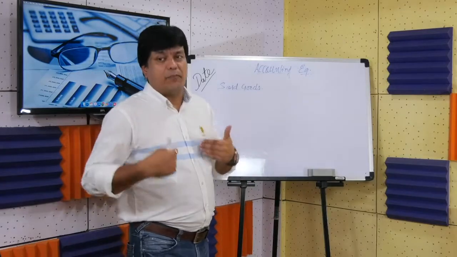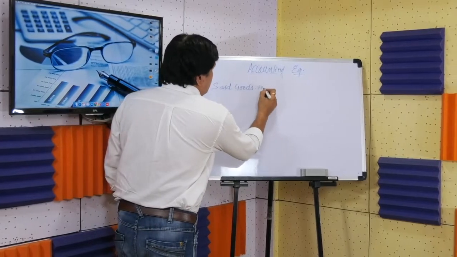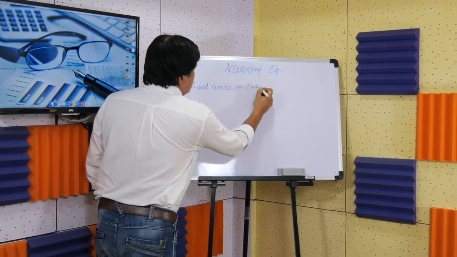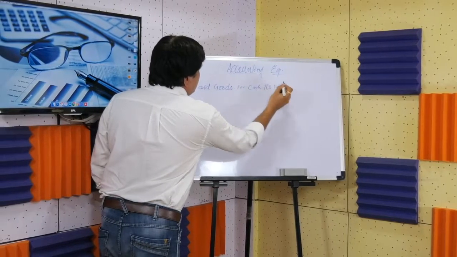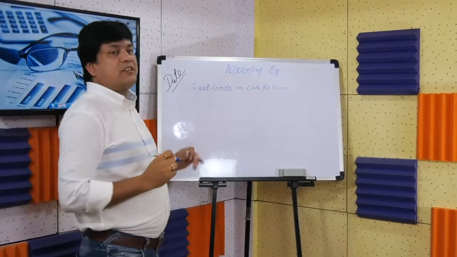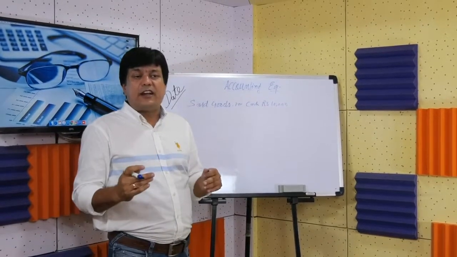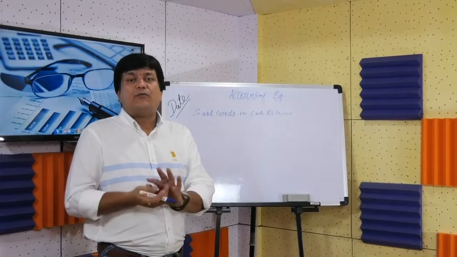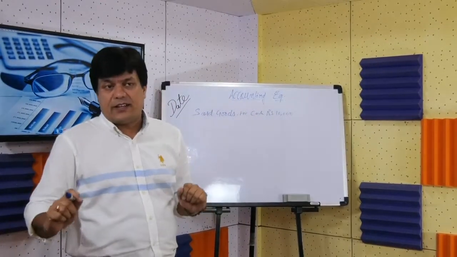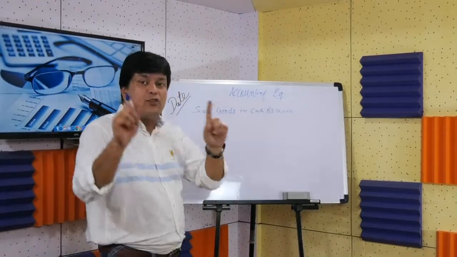Let's take an example. Say sold goods for cash rupees 10,000. Now this is a business transaction. Whenever you try to understand what the aspects are, you need to think from the business point of view, friends. That is, what will happen because of this transaction in your business.